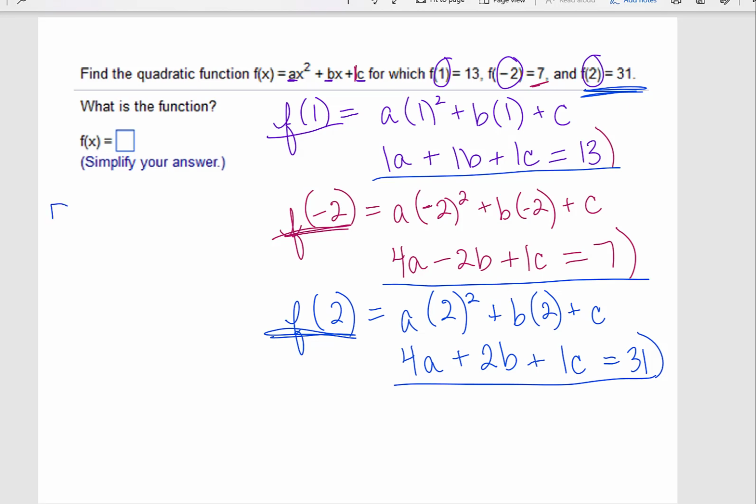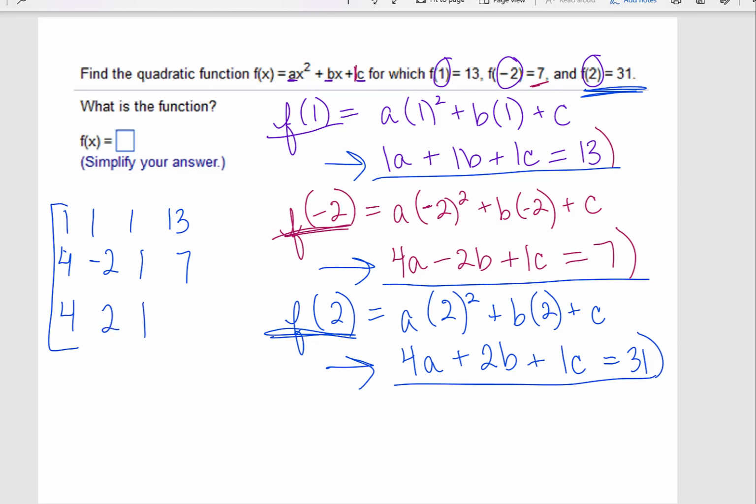Okay, so matrix would be, I'm focused on this first equation, 1, 1, 1, 13. Second equation, 4, negative 2, 1, 7. And then third equation, 4, positive 2, 1, 31.